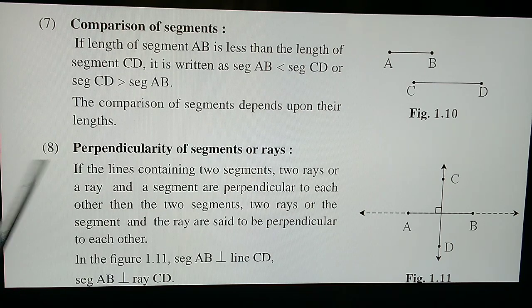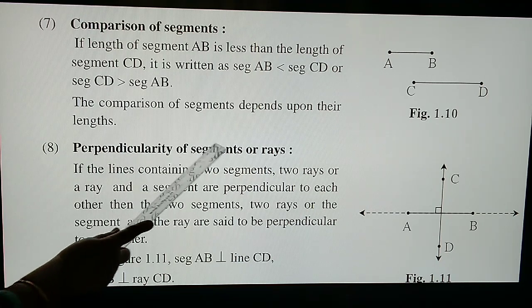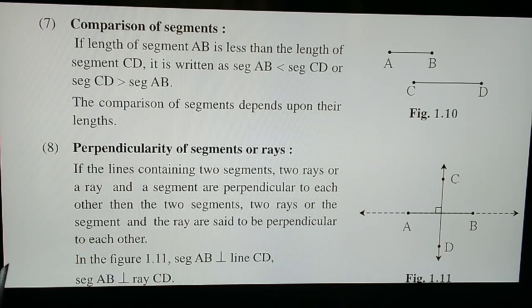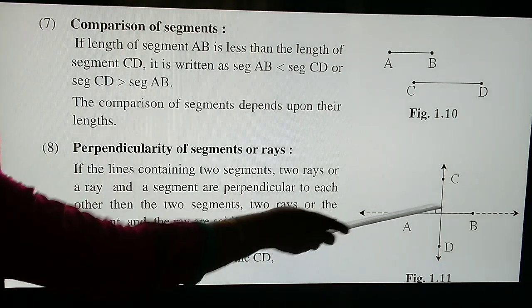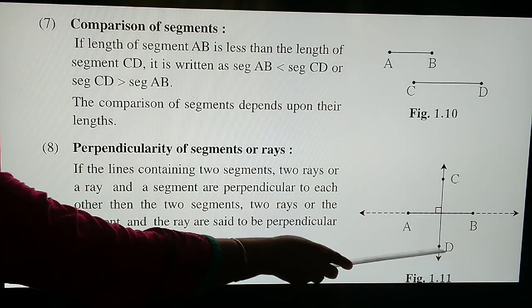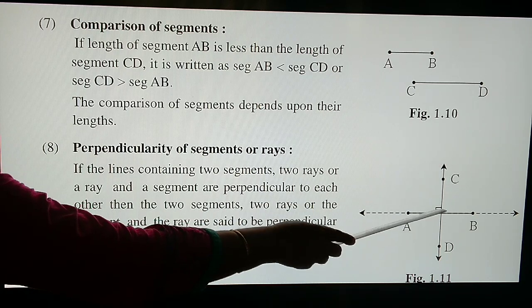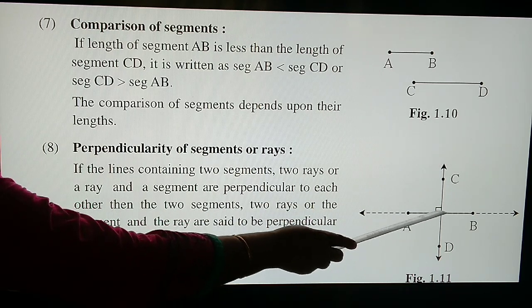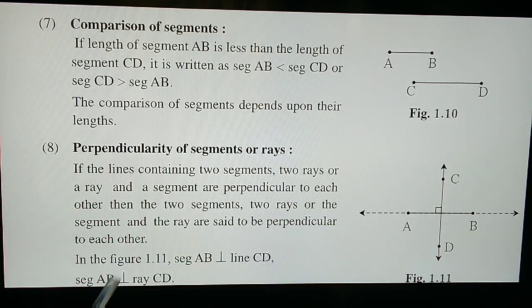Now we see the next point, perpendicularity of segments or rays. See this segment AB and this line CD. Here CD makes a right angle with this segment AB, meaning a 90-degree angle.